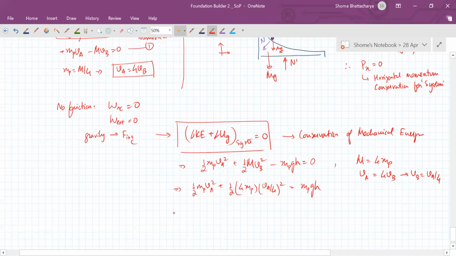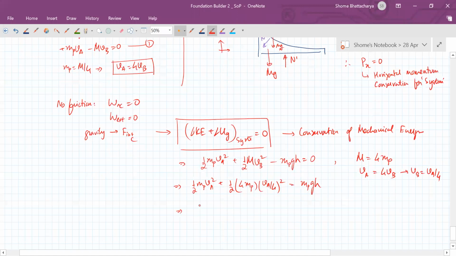So m also cancels out now, and we get half VA square into 1 plus 1 by 4 should be equal to gh. So VA should just come out to be square root of 8 by 5 gh.